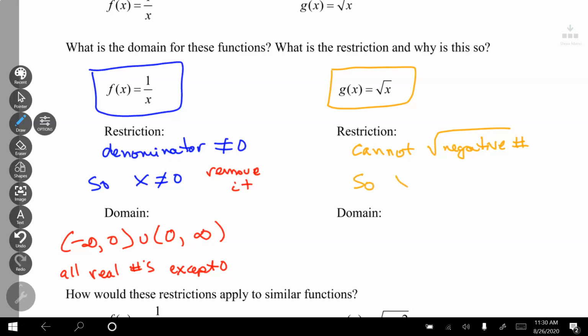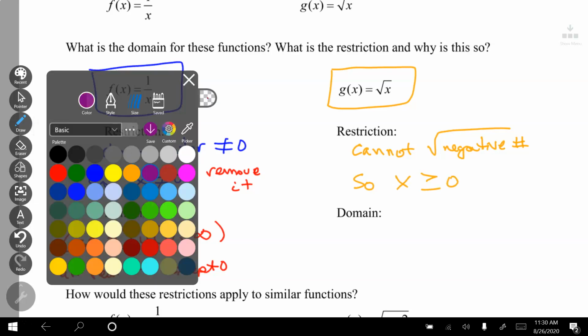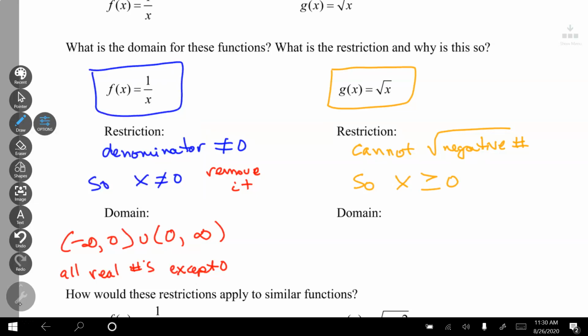So x must be greater than or equal to 0. I can do 0. So it has to be non-negative. My domain for this one will be including 0 to infinity.